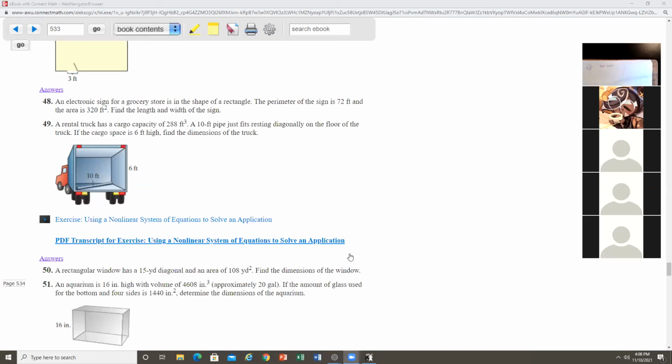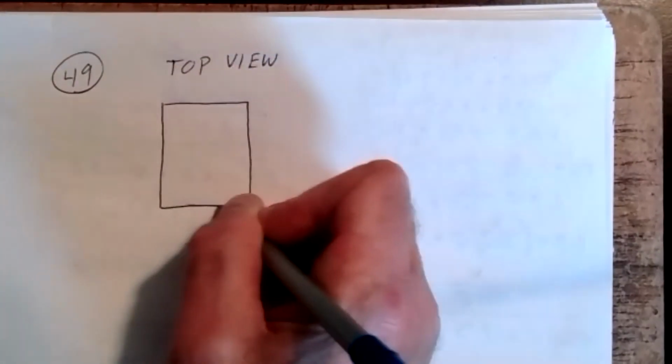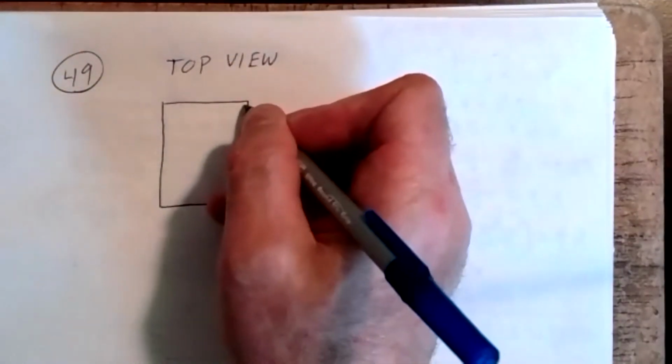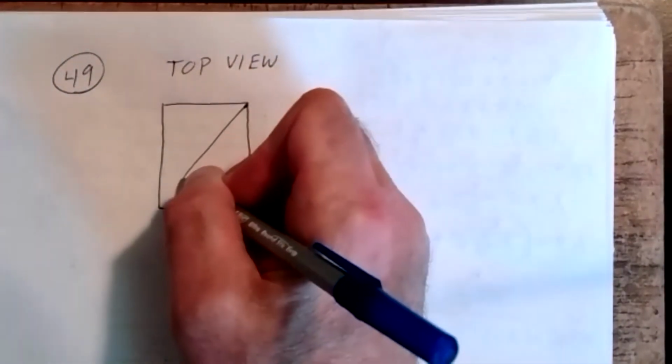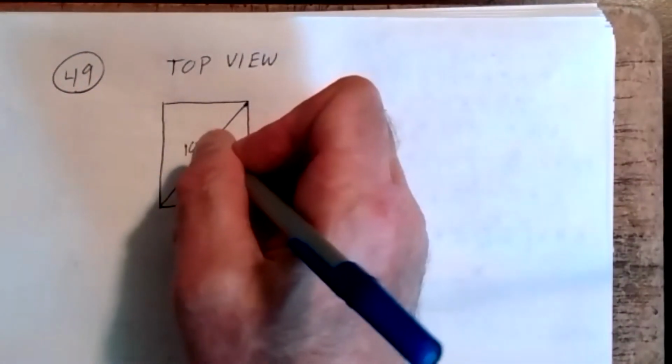If we were to get up on top and take the top of the truck off, and look straight down from above on that truck, we would see, do you agree, this? You agree this would be the top view? And we got a pipe here lying diagonally that just fits in the truck. And this pipe is 10 feet in length.